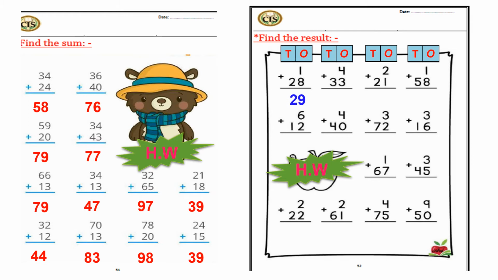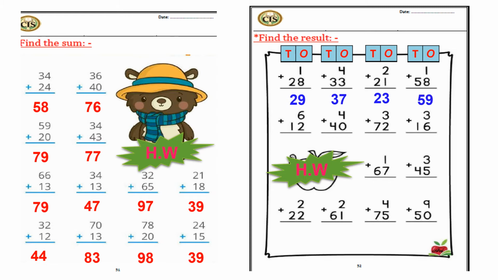I put 33 in my mind, 4 on my fingers, and count after 33, 34, 35, 36, 37. 2 plus 21, 21 in my mind, 2 on my fingers, after 21, 22, 23. 1 plus 58, 58 in my mind, 1 on my fingers, after 58, 59.